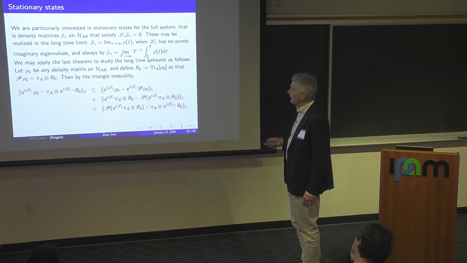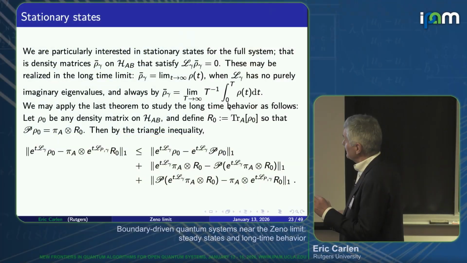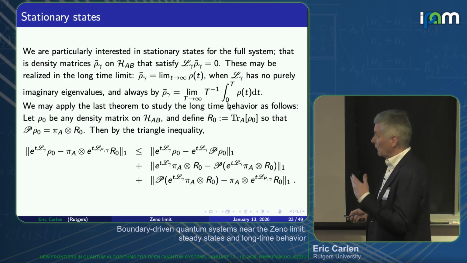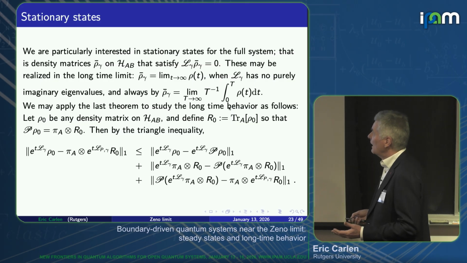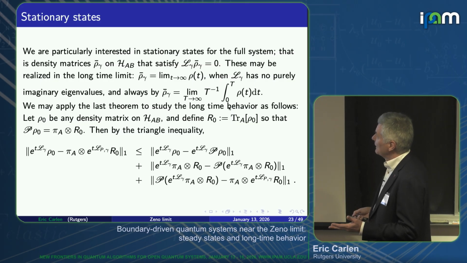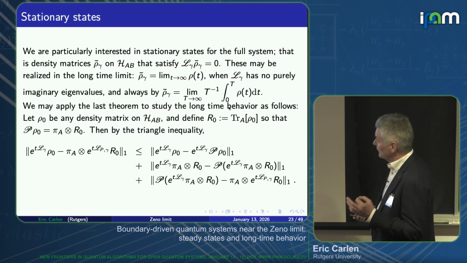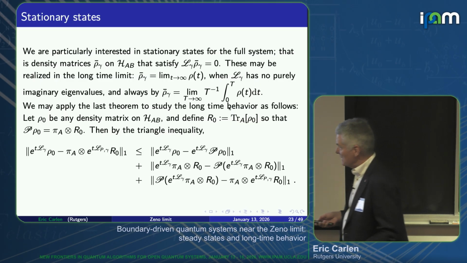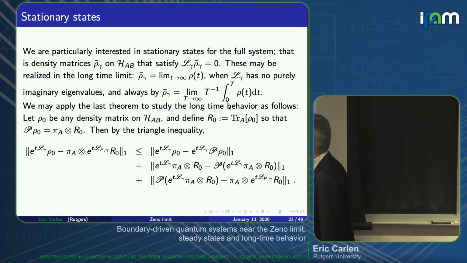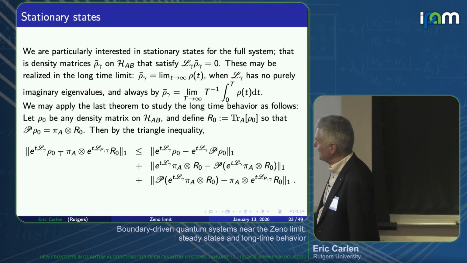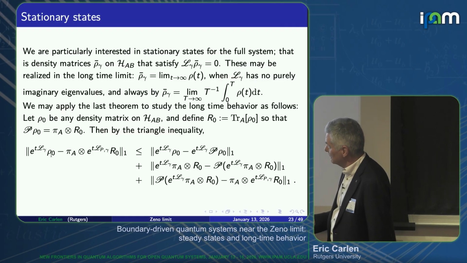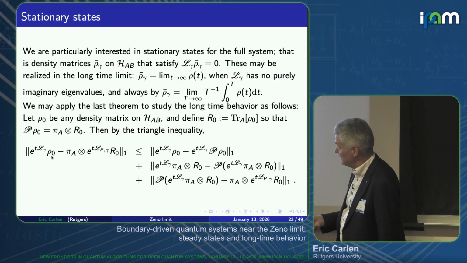Okay, so that's that. Now, we're interested in stationary states. This gives us control up to times of order gamma squared. We'd like to go further, and we would like to be able to treat general initial data, not just initial data which is starting on the slow manifold. But this can be nicely done using the things that we have over here. So here I take a general initial data, rho naught on the HAB space.